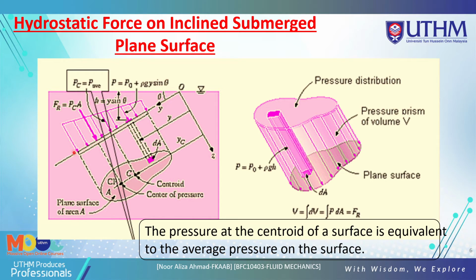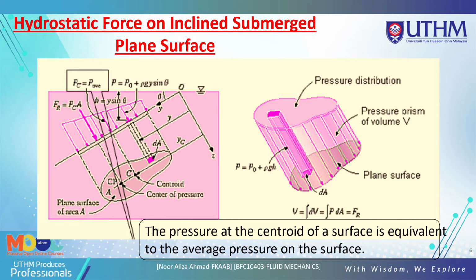When the plane surface here is inclined, we have the pressure at the center of this plane surface. The pressure at the center is equal to the average pressure. We know that the force is considered at this part here.